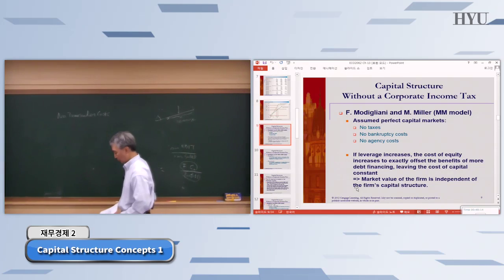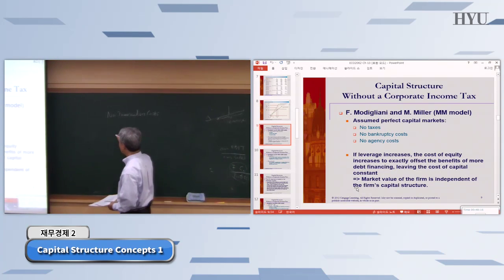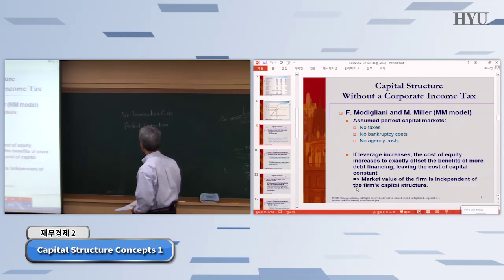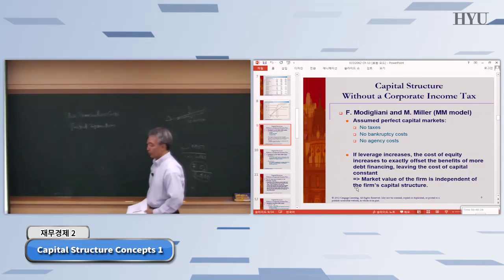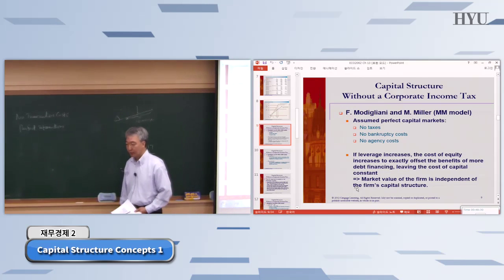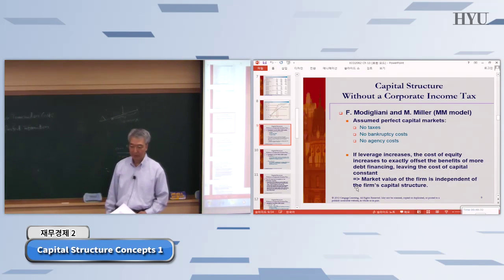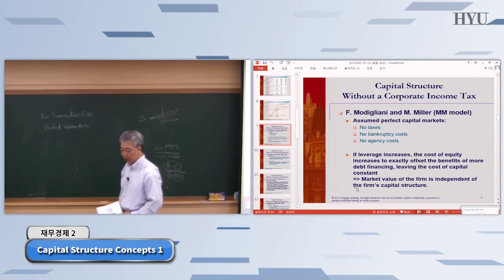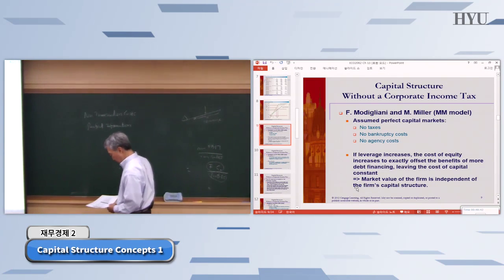That's the assumption. Perfect information: everybody knows how many stocks and bonds are available, and there is sufficient demand for stocks and bonds. So basically, a perfect market.